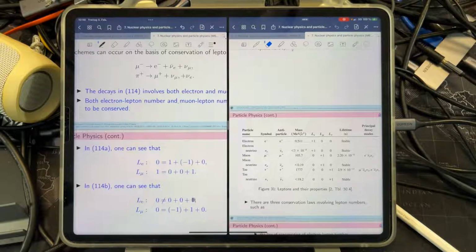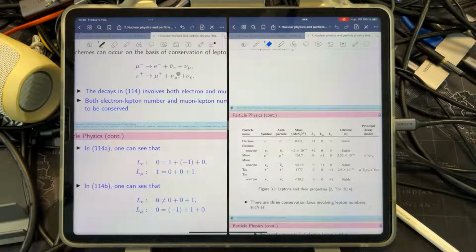And let's see whether this equation is valid or not. You could see that there is 0 on the left, and on the right hand side we have 0, 0 plus 1, which becomes 1, right? 0 is unequal to 1. So there is no conservation of electron lepton number for this reaction or decay.